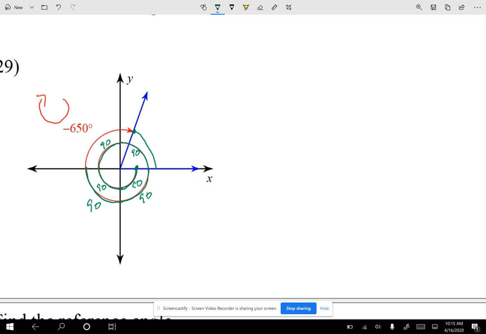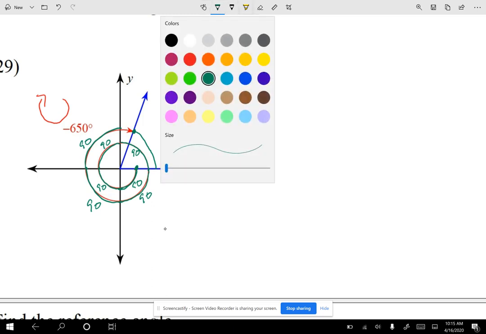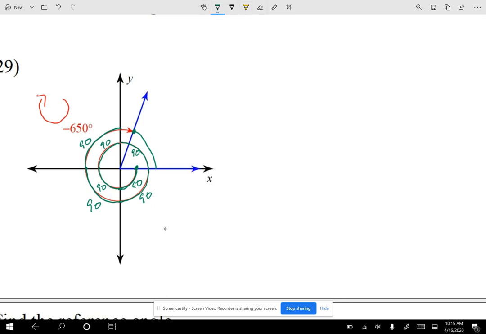That's another 90. That's another 90. So if I was to add how many 90s I have, let's see, I have 1, 2, 3, 4, 5, 6, 7. 90 times 7 is 630. So far I have 630.